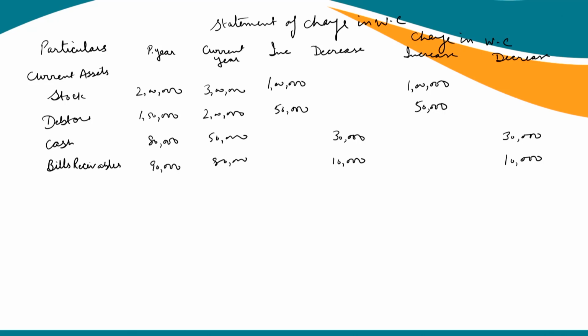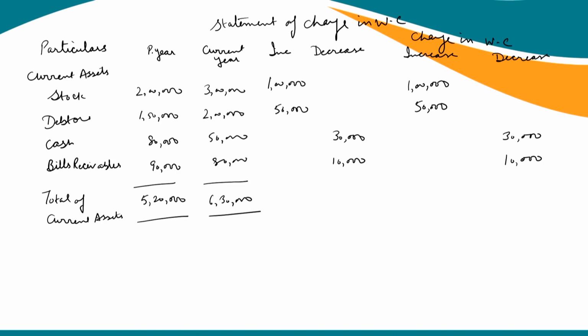After that, we will sum the total of the current assets of the previous year as well as the current year. The total of current assets is 5,20,000 in the previous year and 6,30,000 in the current year.